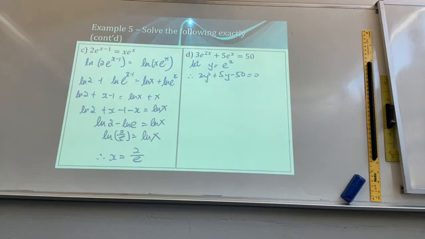Be careful when you're solving this. Remember, there shouldn't be a negative solution.